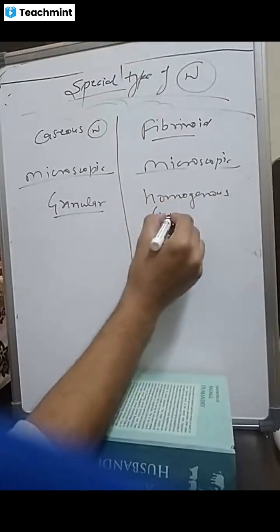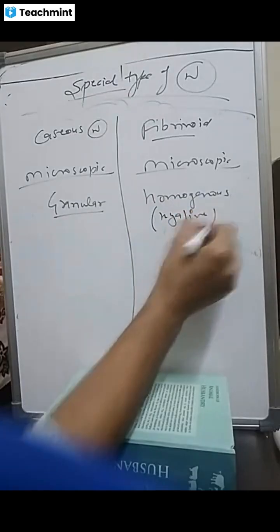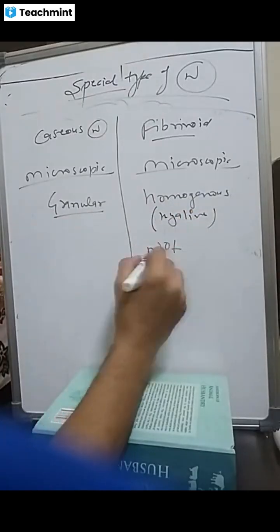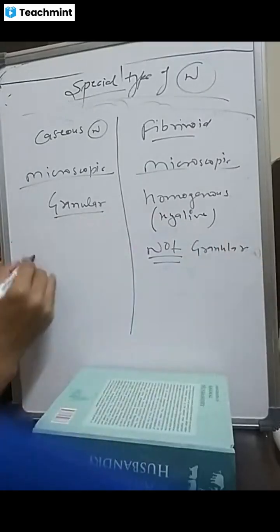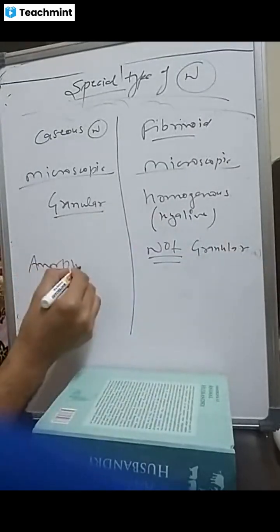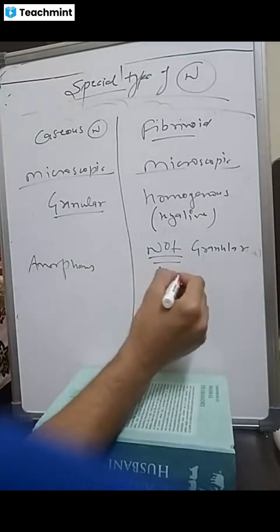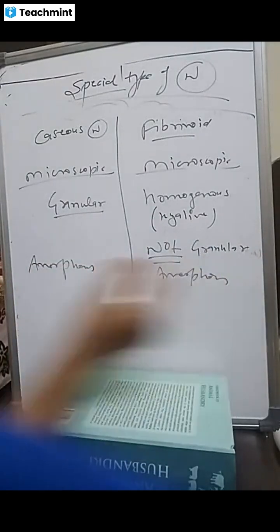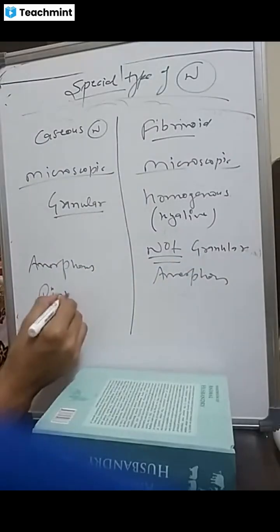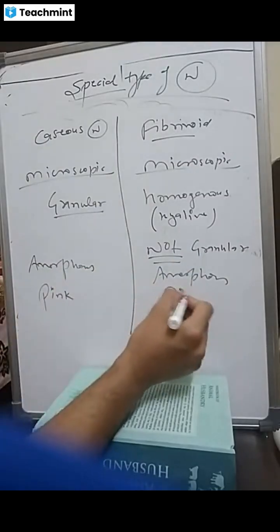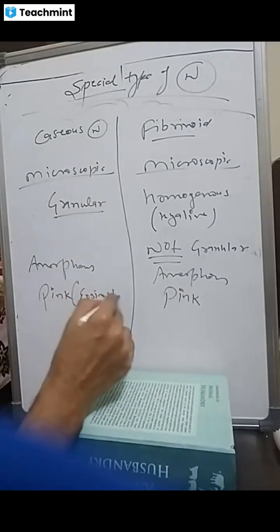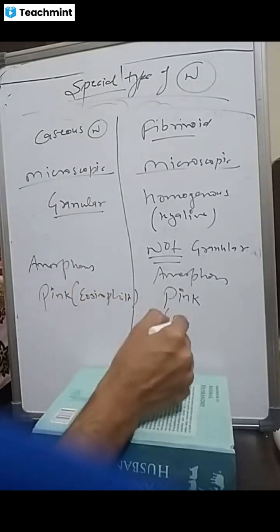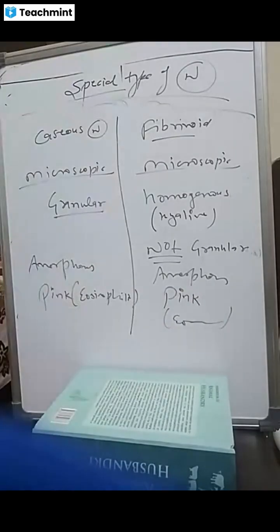Fibrinoid is hyaline, it is not granular. Other things are the same. It is also amorphous, pink, eosinophilic. These are the differences.